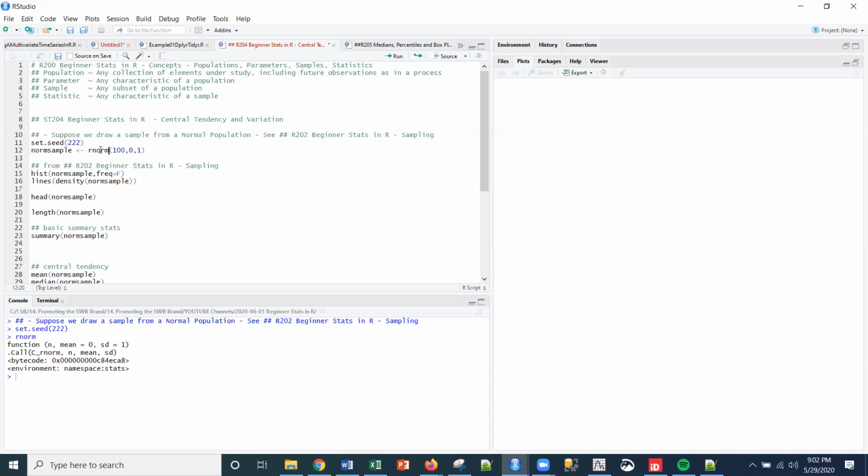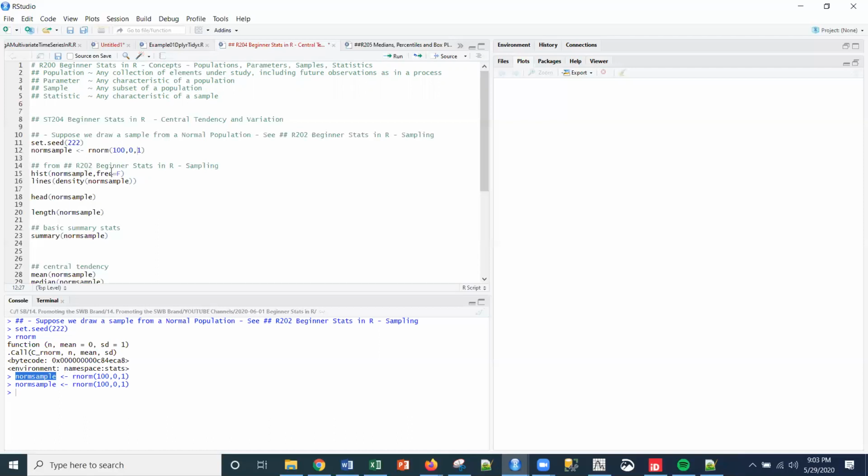So anyway, I'm setting the seed here, and then I'm going to draw a sample of 100 observations from what we call a standard normal distribution. So 100 is the number of observations, 0 is the mean, and 1 is the standard deviation, a standard normal. All right, so now I have that in this variable called norm sample.